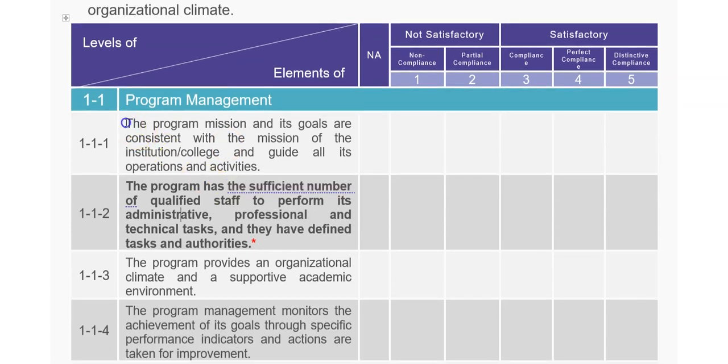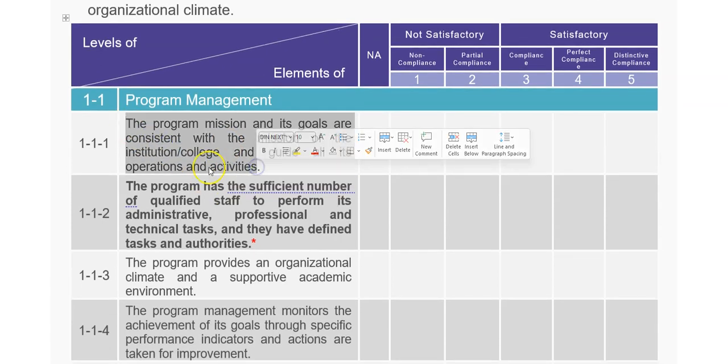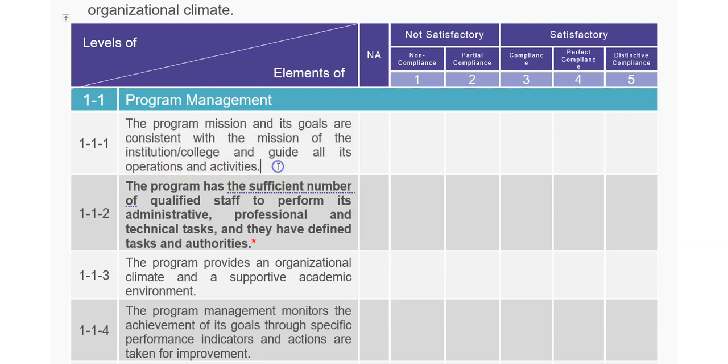So the first one is: the program mission and its goals are consistent with the mission of the institution or college and guide all its operations and activities. Really, before you start writing anything, you have to understand clearly what this criterion is about.